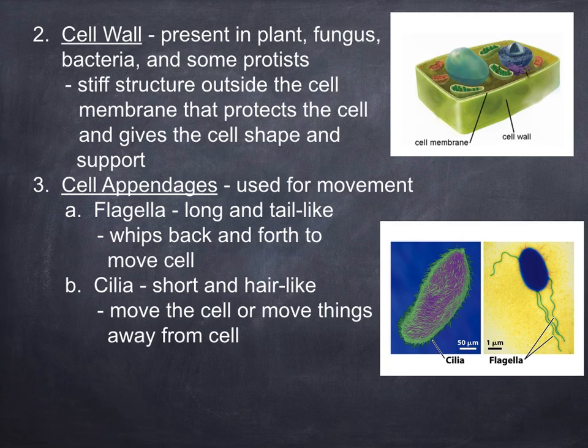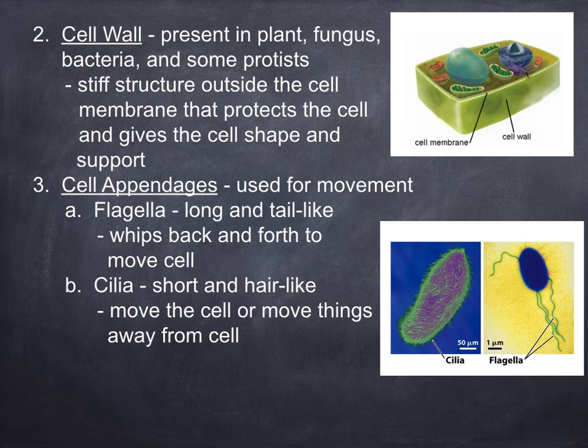Cilia are these little tiny short hairs, and they're going to wiggle and move the cell by wiggling, or move things away from the cell by moving those little hairs. So those are the two cell appendages that we're going to talk about. But again, not all cells have cell appendages.